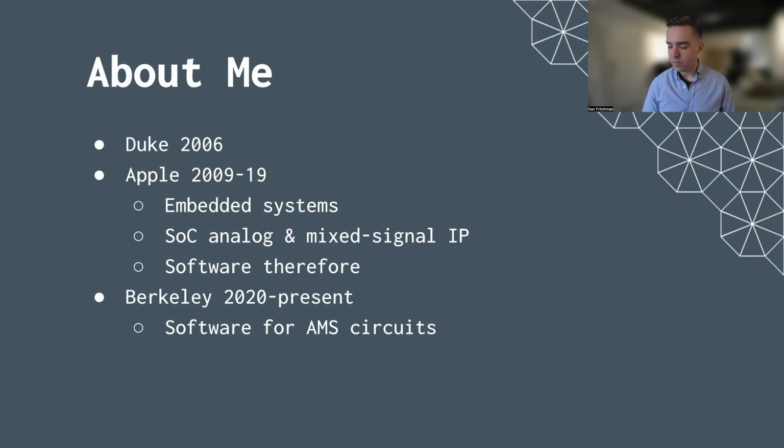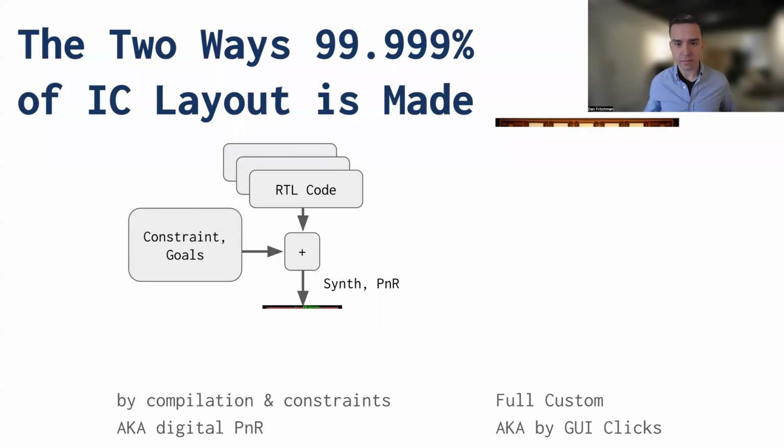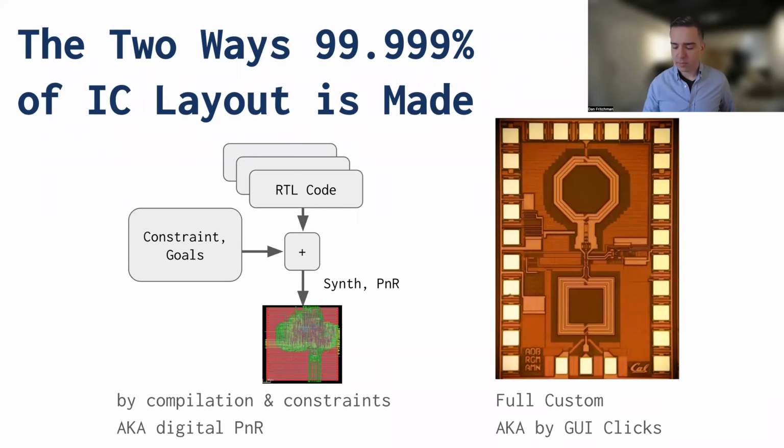The last few years, I've been a PhD candidate here at Berkeley, focused on the software behind our field, particularly analog and mixed signal circuits. And I frame the problem facing us as we've essentially established two successful ways to produce IC layout in the history of this field.